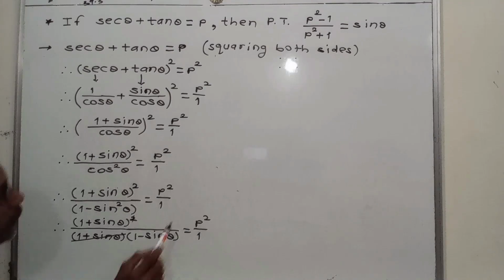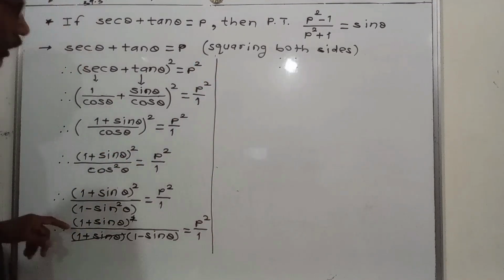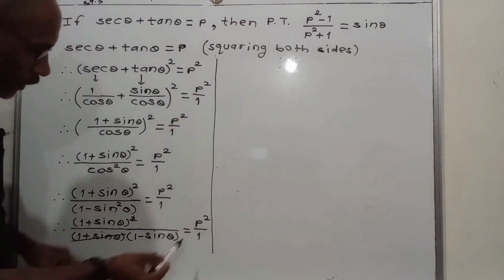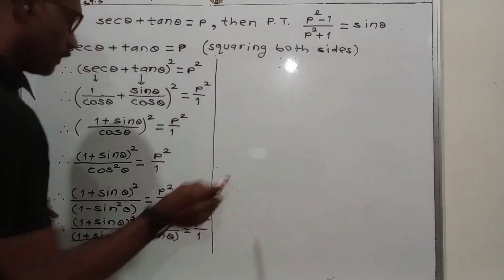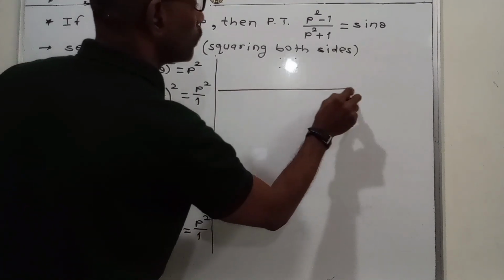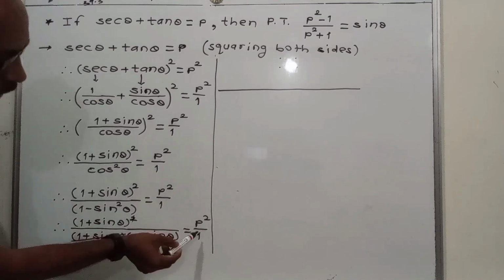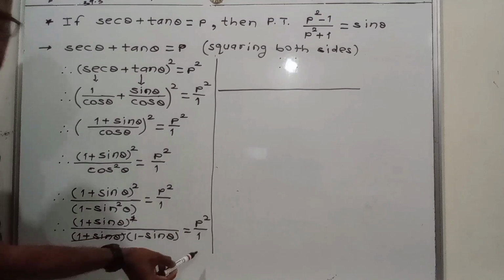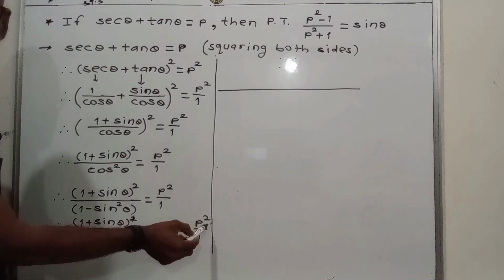Okay. Now see this carefully. Very, very important. Now important step. Now here we want, see this p square minus 1. P square minus 1. I will write here, but that will take more space. No. See here. P square minus 1. We subtract this denominator from numerator. This denominator 1 subtract means minus.